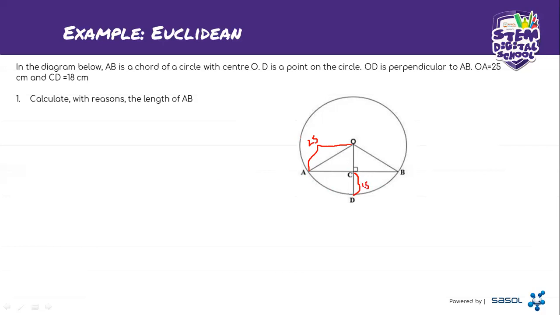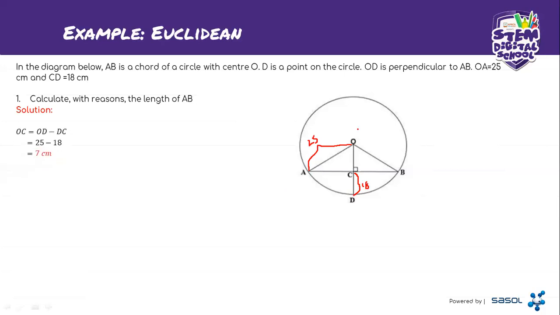We all know that OD is also a radius, AO is a radius, and OB is a radius. But now look at OD: we only have 18 from C to D, so we don't know what is left. But because we know the total length of the radius is 25, it's going to be easy for us to answer that question.